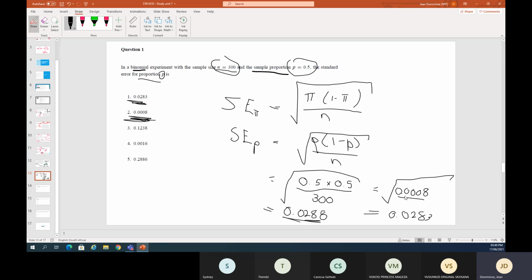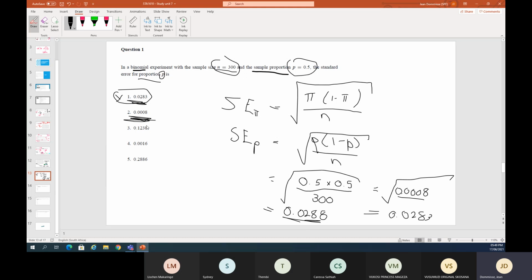Again, in the exam this will not happen, but that is the answer. If it is that, there won't be anyone close to that. But option 1 is your answer, though it should be 0.0288 and not 0.0283.